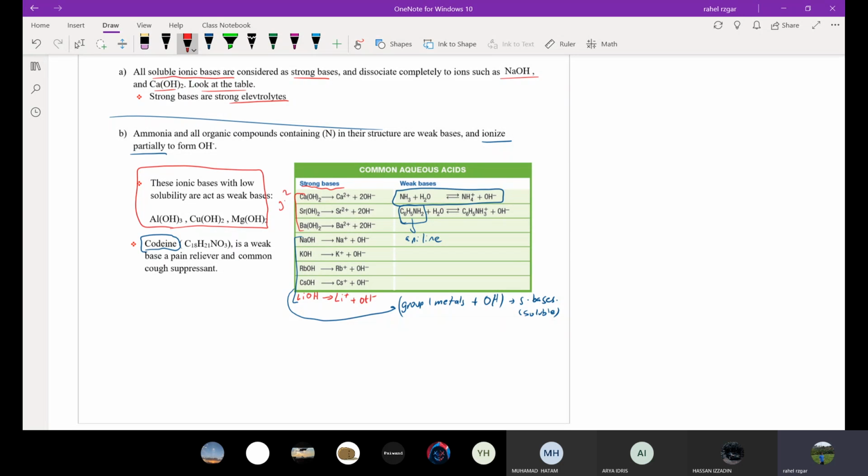We have three special ionic compounds: aluminium hydroxide, copper hydroxide, and magnesium hydroxide, which are actually bases and ionic compounds, but they are considered as weak bases. Why? Because their solubilities are low.